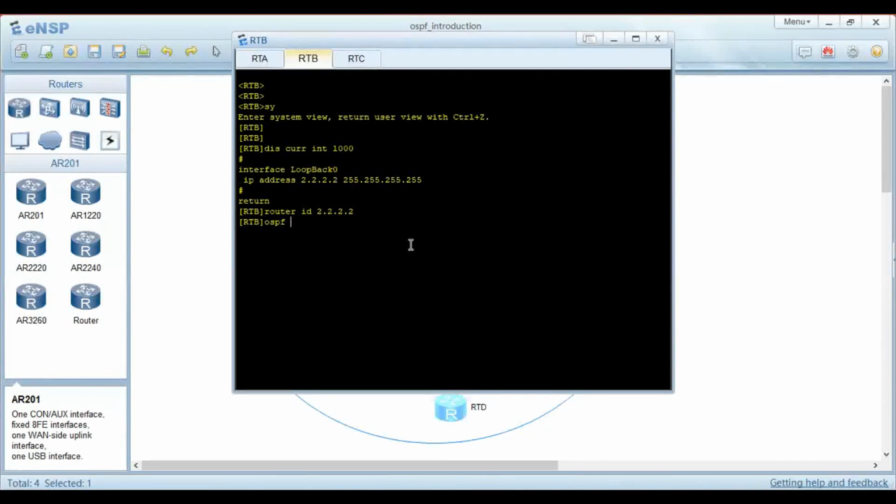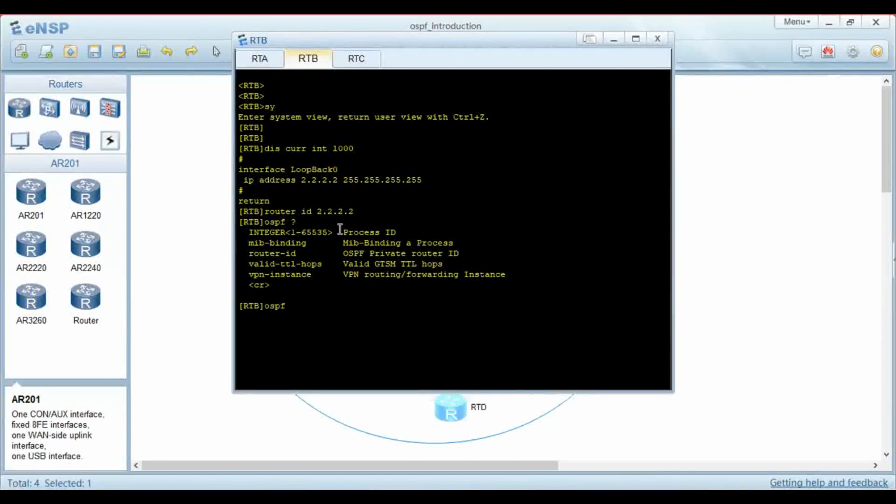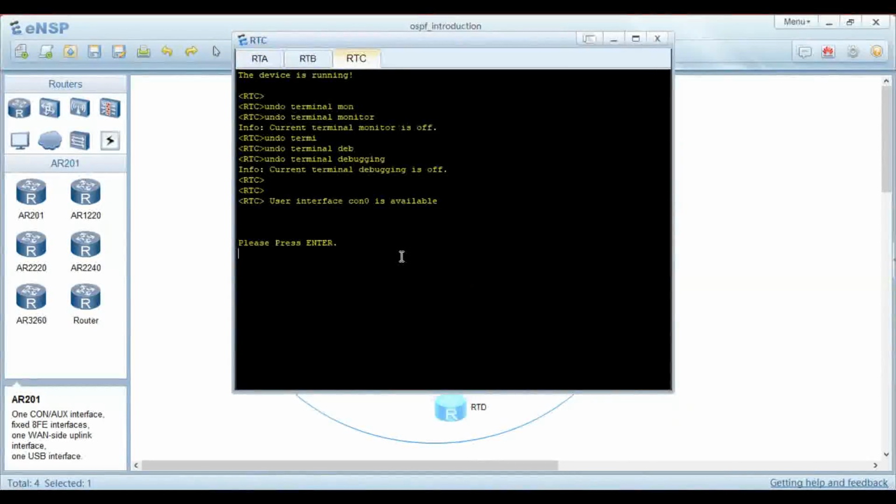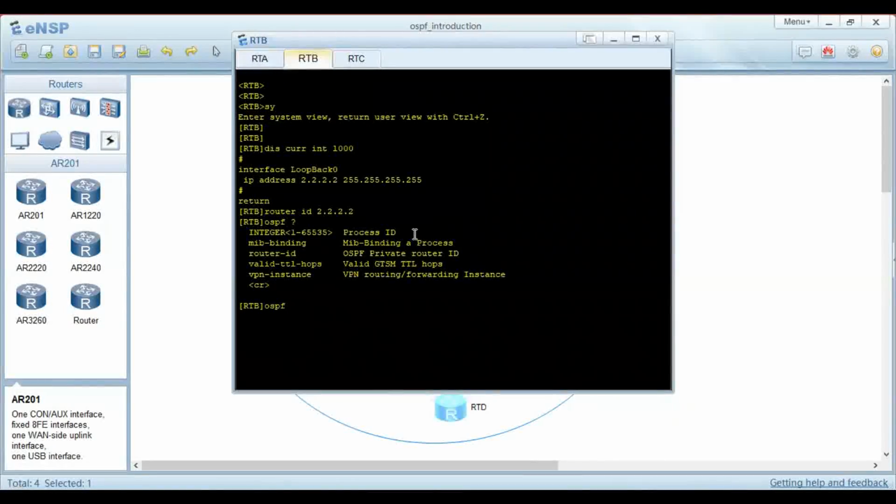Remember, we say OSPF, then the process ID. Which process ID do we give here? The same process ID we gave on the other router, which is 1. So here we also use process ID 1. Then the next thing is to declare the area. Everything we're configuring is in area 0. Then we enable our network.